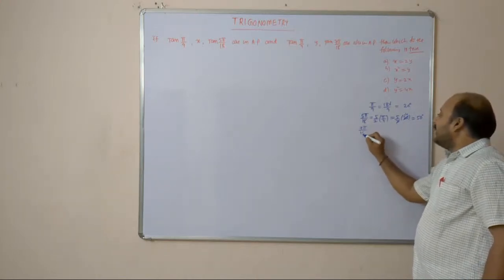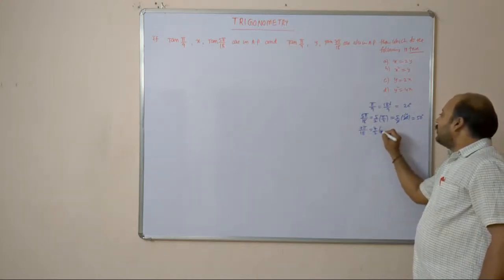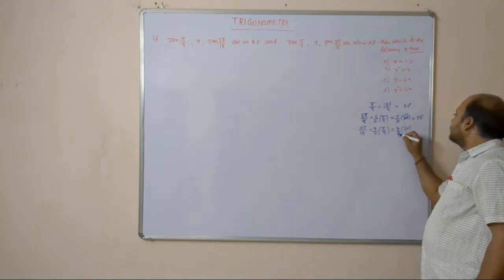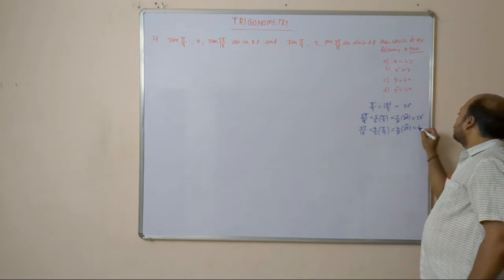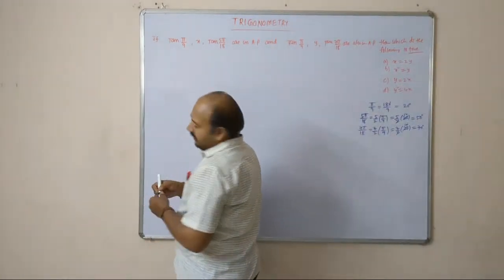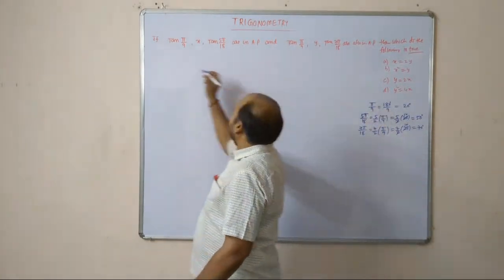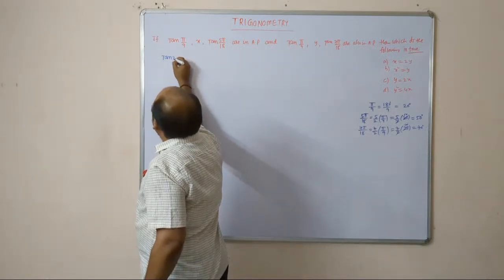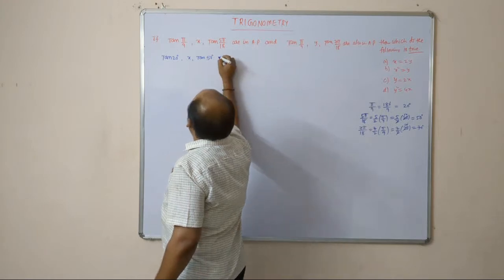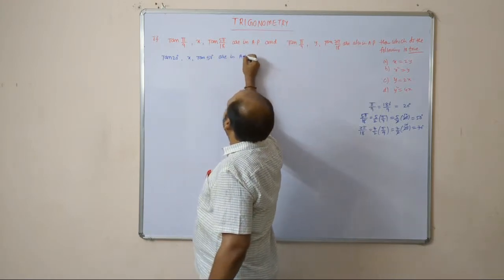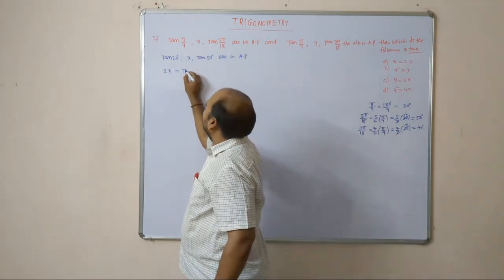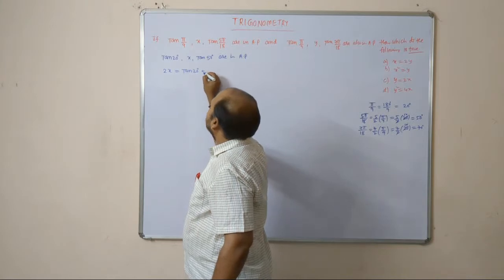Next, 7 pi by 18 is 7 by 2 into pi by 9, so 7 by 2 into 20 degrees, so 70 degrees. So tan 20, x, tan 50 are in AP. So twice the middle is equal to the sum of the extremities: 2x is equal to tan 20 plus tan 50.